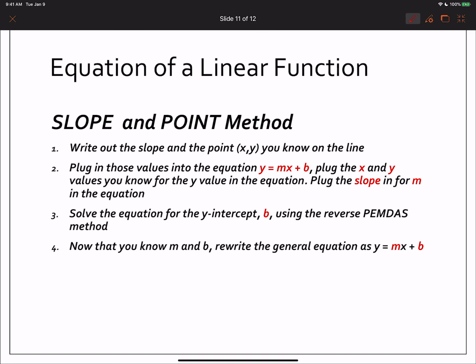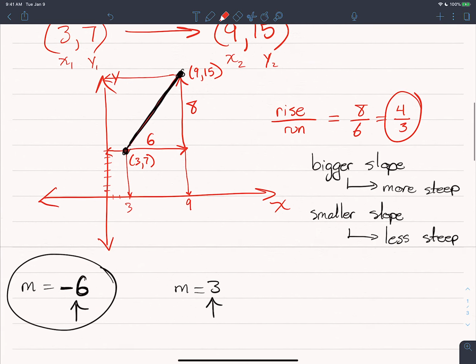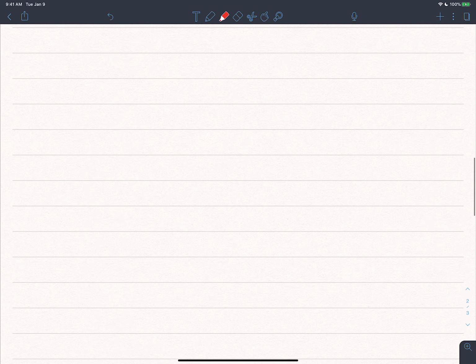So to start off, if we know the slope and a point on the line, then here are 4 steps that we do to try to find the general form of the equation. And again, we want something in the form of y equals mx plus b. That's what we want, right? So let's do an example.